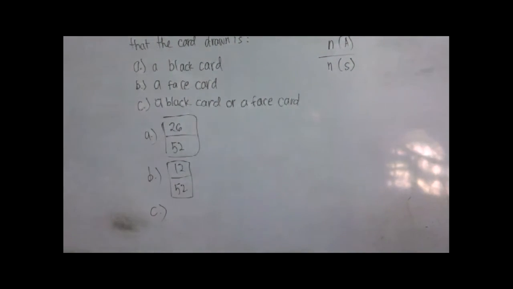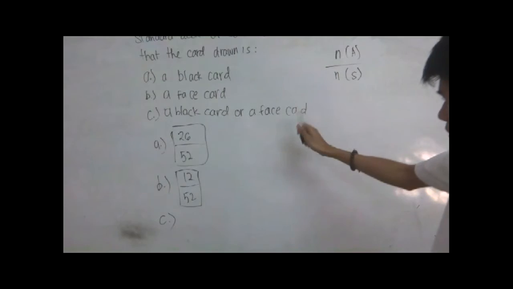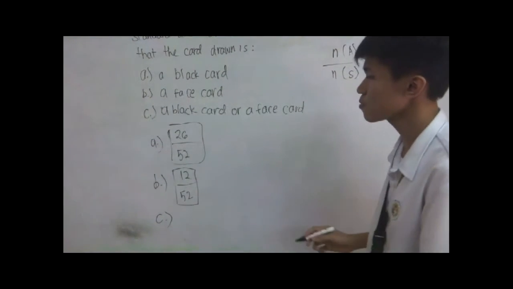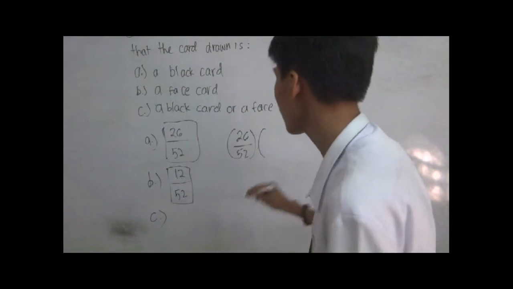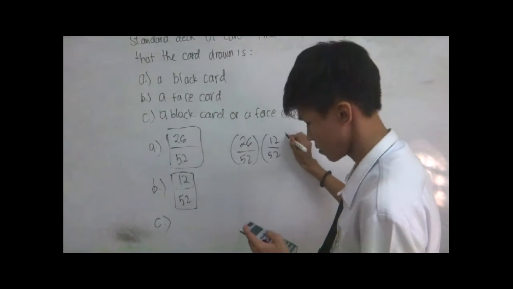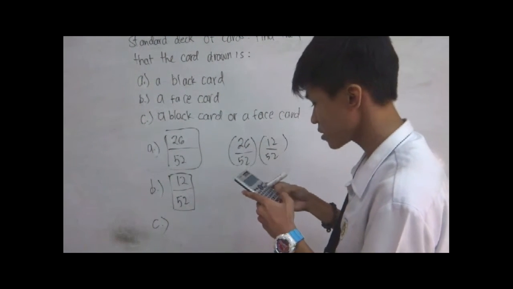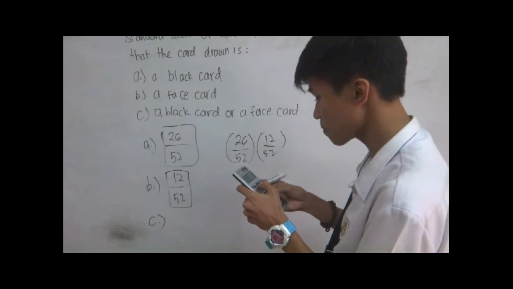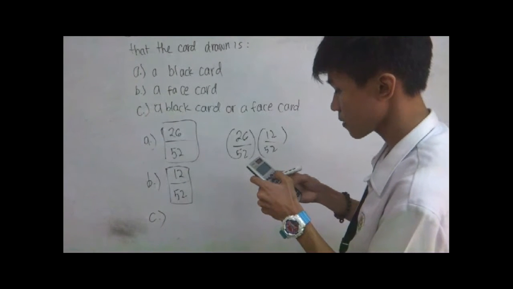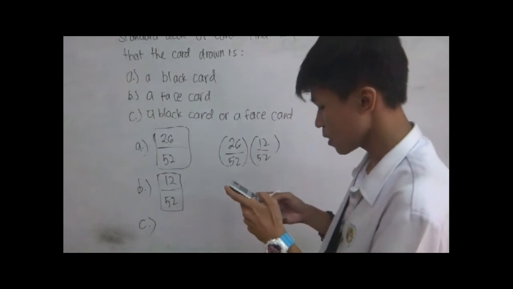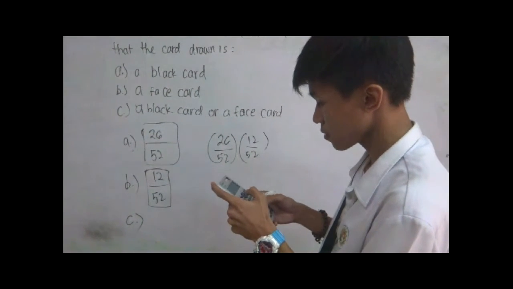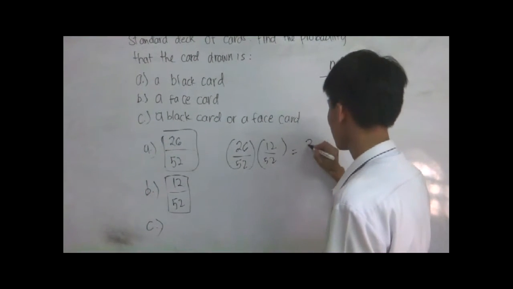C. Since this is not an exclusive event, to get the black card or a face card, we need to get the intersection, which is 26/52 multiplied by 12/52. 26/52 multiplied by 12/52 is equal to 3/26.